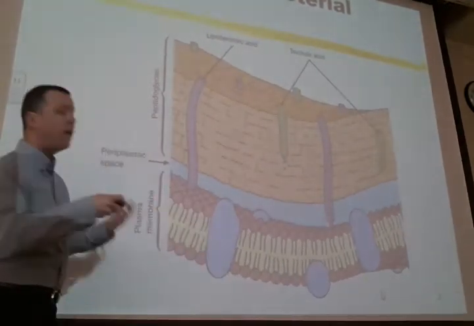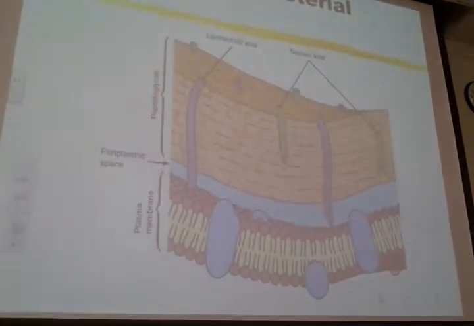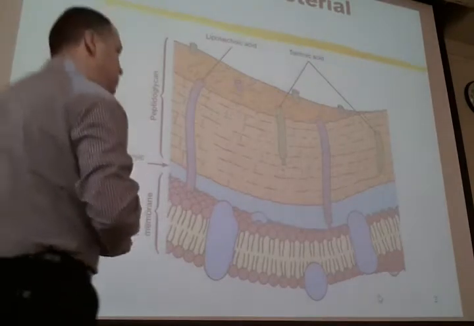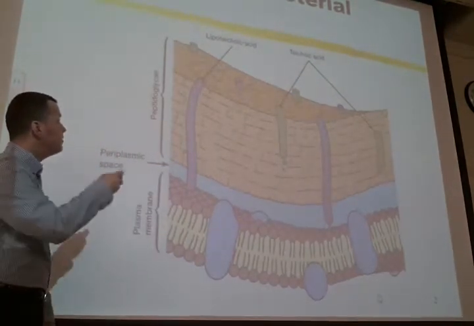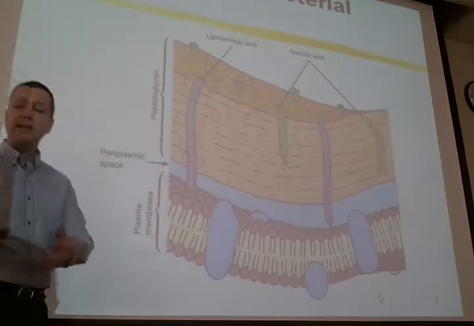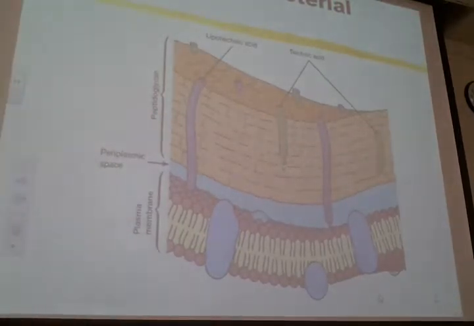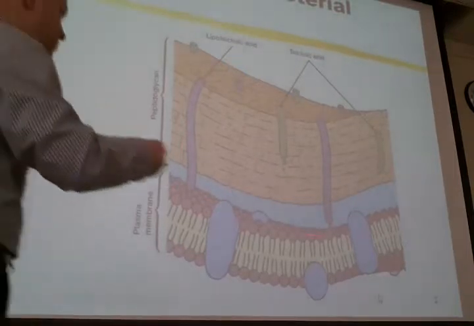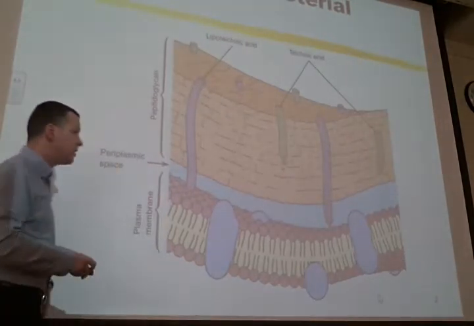So in a way, it attaches the cell wall to the rest of the cell, which is, I suppose, a useful thing. And so, again, both of them are acting as these vertical reinforcing agents to strengthen the cell wall, and the lipoteichoic acid seems to have some role in keeping the cell wall attached to the cell.